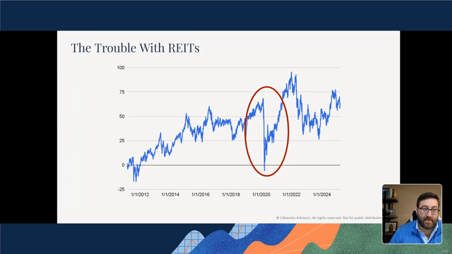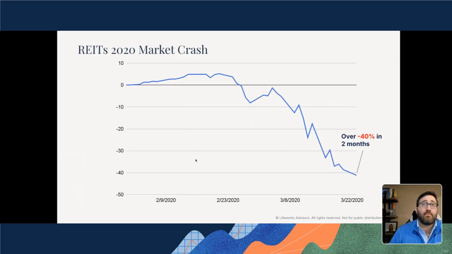That's exactly what happened during COVID: we saw, in the span of a month, basically a 40% drop in the REIT market. It dropped even more than stocks did during the COVID crash. So that's something to be very cognizant of if you're thinking of diversifying into real estate as an investment outside of your primary or secondary residence.